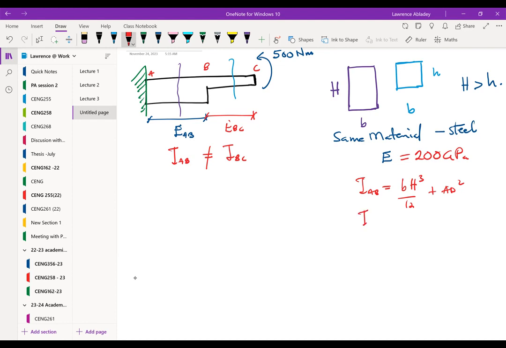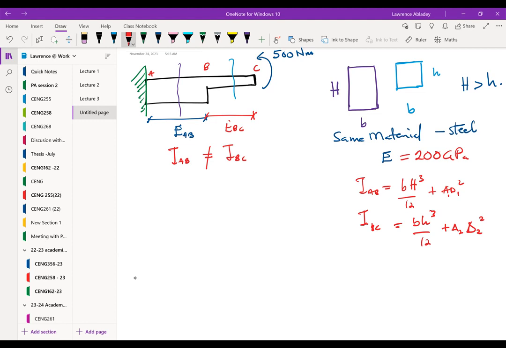Now, I BC will be B small h cubed over 12 plus, let me call this one A1 and this one A2, and maybe this is D1 and D2 because they'll change. So we can see clearly that this I AB and I BC would not be the same.